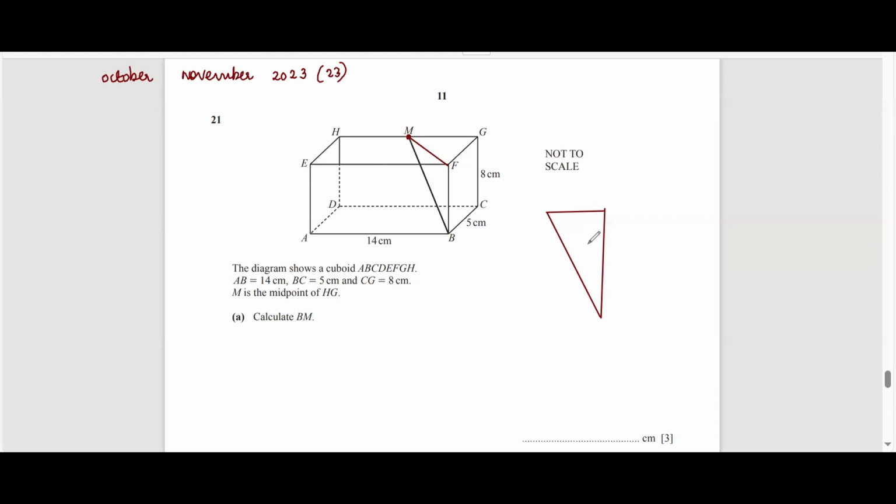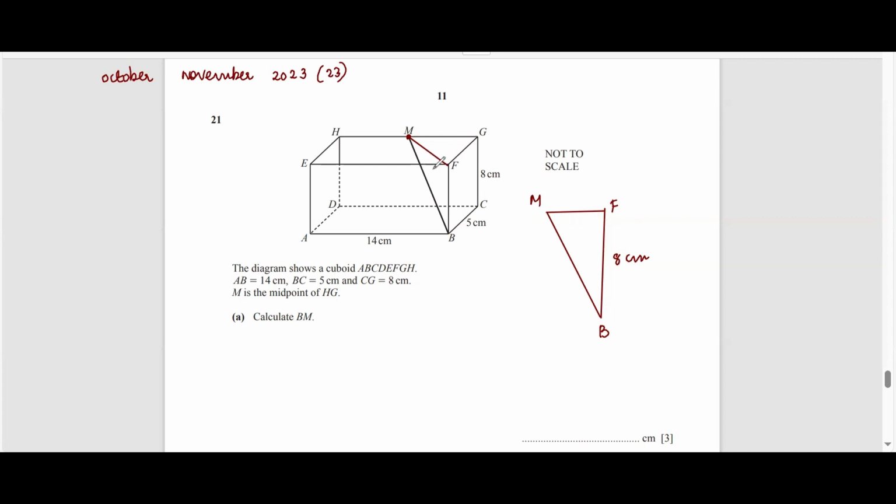So here M, B, F. So BF, if GC is 8 centimeter, then BF is also 8 centimeter. And FM, do we know FM? We don't know FM. We don't know MB as well. So we need to first find out what MF or FM is.